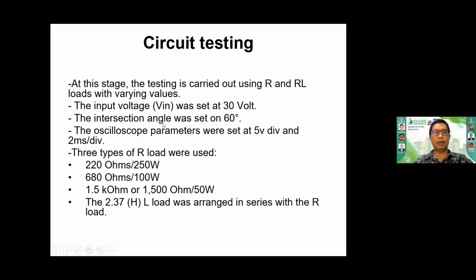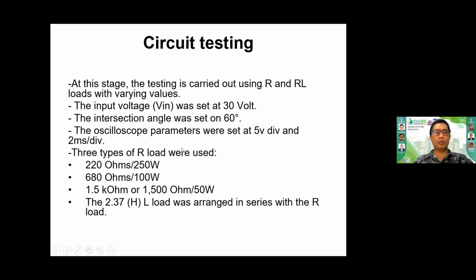The input voltage was set at 30 volts. The intersection angle or trigger angle was set at 60 degrees. The oscilloscope parameters were set at 5 V and 2 milliseconds per div.